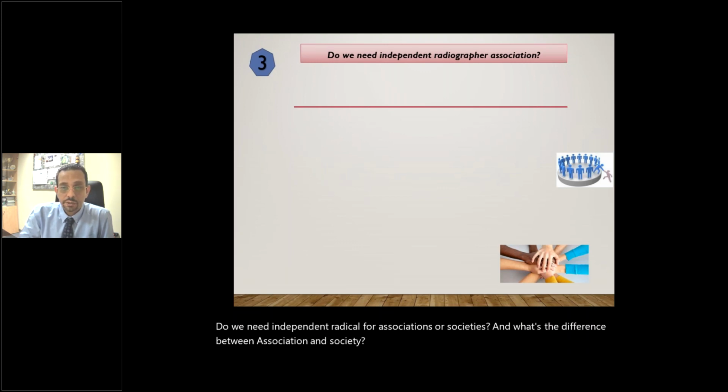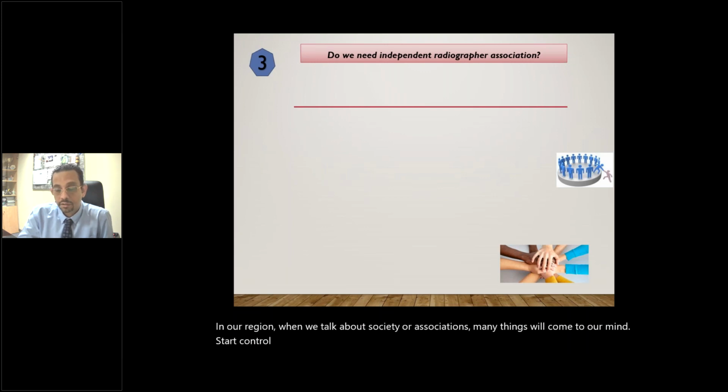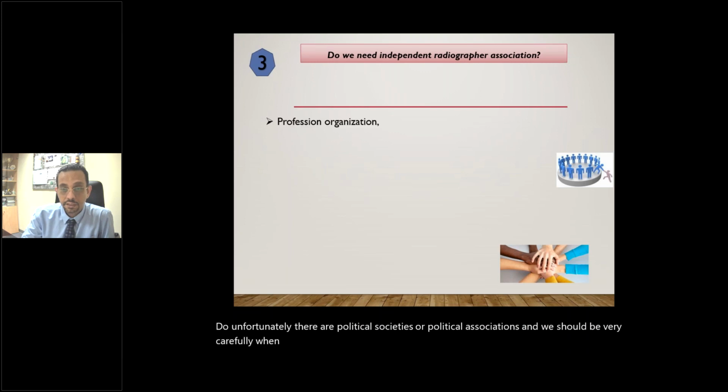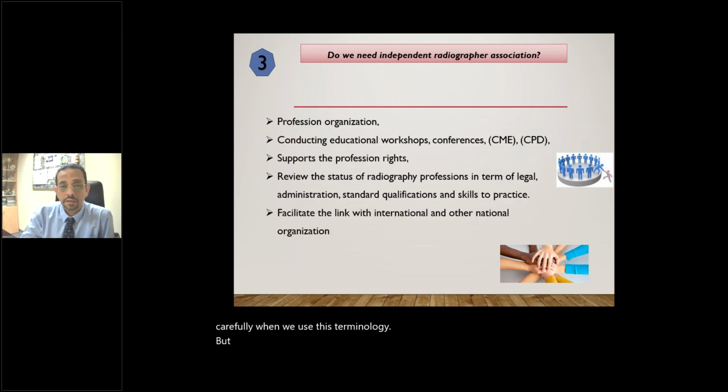In our region, when we talk about societies or associations, many things come to our mind, starting from the academic to the social, to unfortunately the political societies or associations. And we should be very careful when we use these terminologies. But generally, the society or association for the radiographer is the professional organization body.